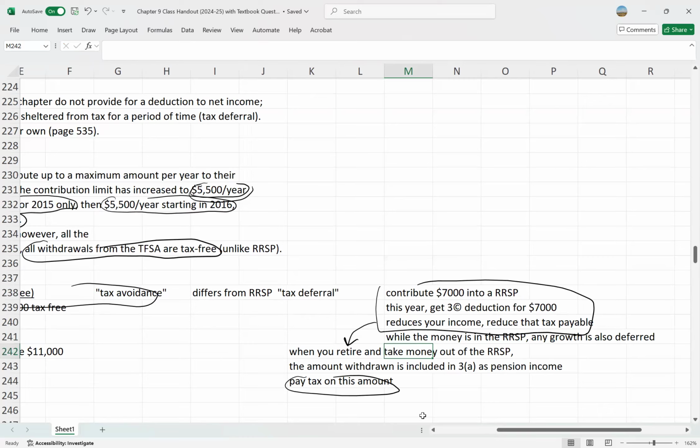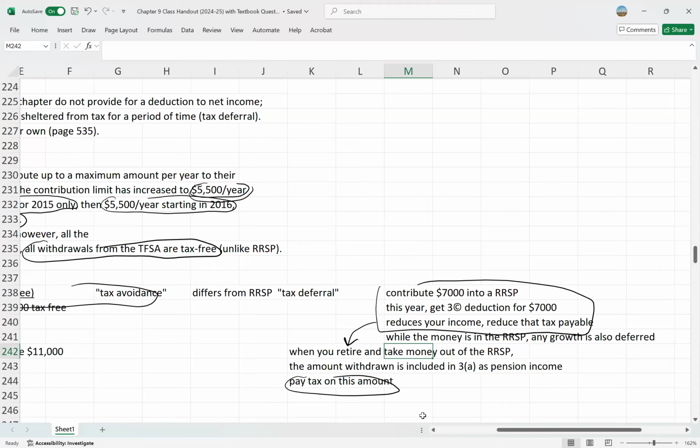So when you put money into an RRSP, that's 7,000, you're probably also going to invest it into term deposits, exchange traded funds, and it is also going to grow, earn interest income, maybe some dividends or capital gains. All that growth will not be taxed until you take the money out when you retire, probably.